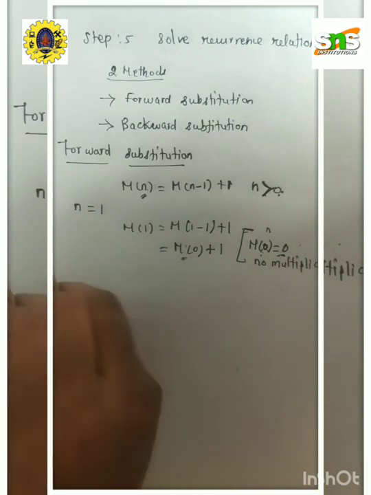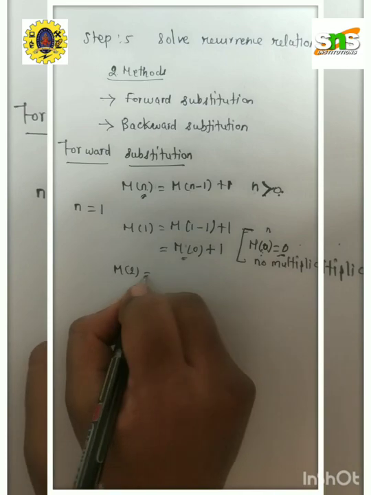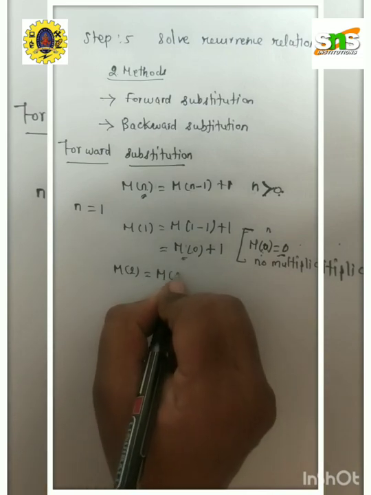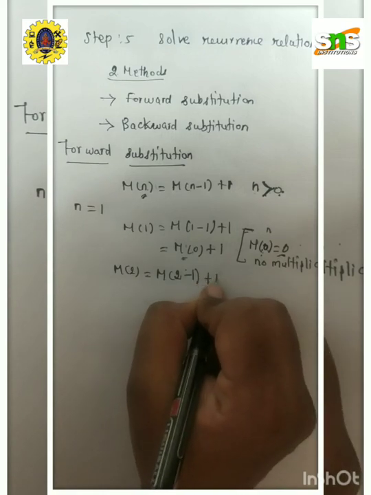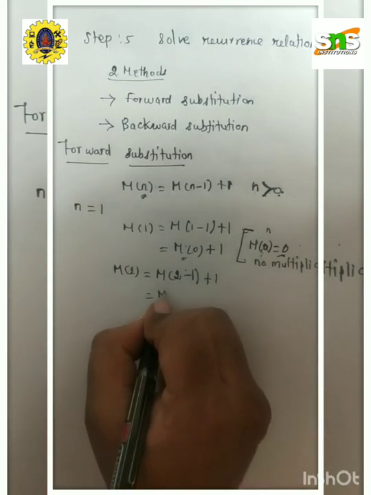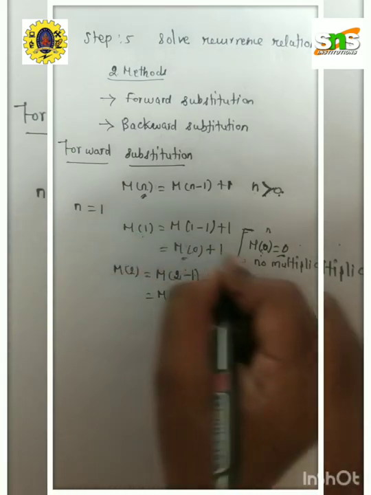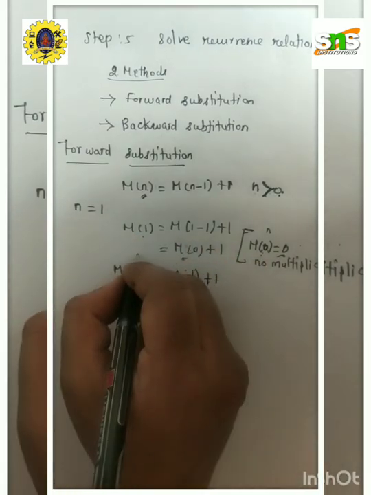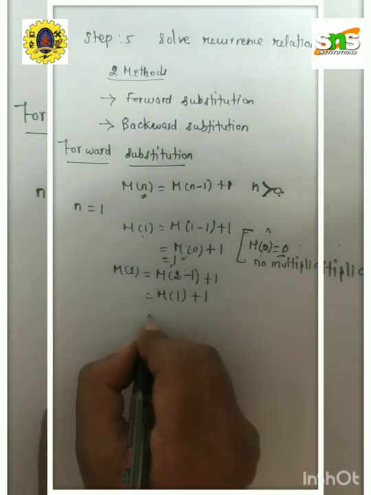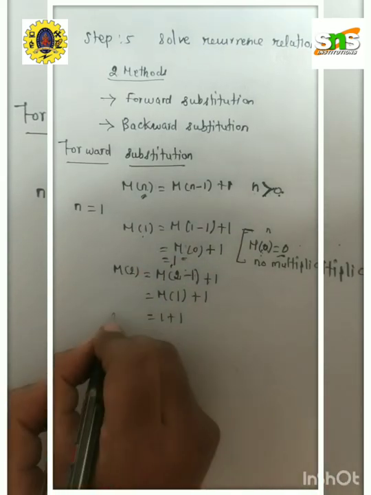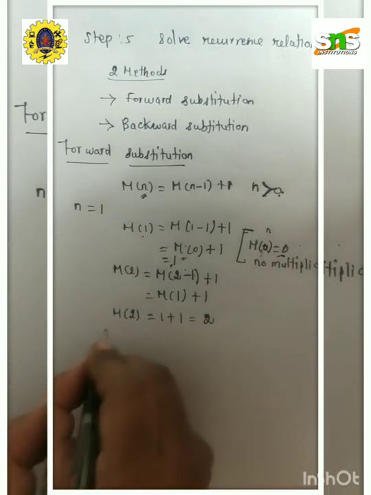Next, second, you can solve for one or two numbers, it's enough. M of 2 is m of 2 minus 1 plus 1, that is m of 1 plus 1. What is m of 1 from the previous step? m of 1 is equal to 1. 1 plus 1, 2. So m of 2 equal to 2. Then m of 3.